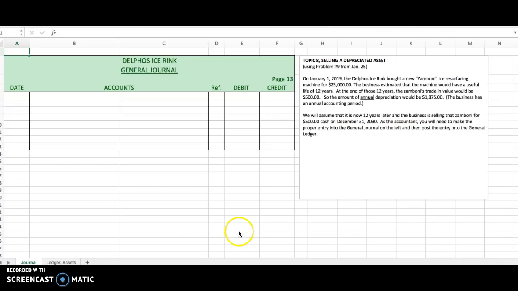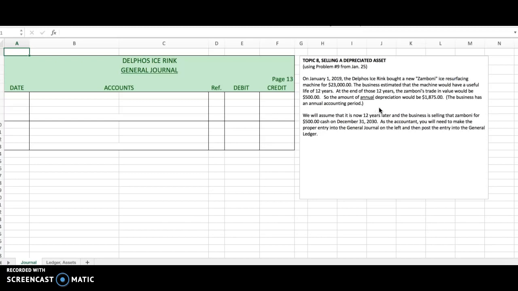On the right, information tells us that on January 1, 2019, the Delphus ice rink bought a new Zamboni ice resurfacing machine for $23,000. The business estimated that the machine would have a useful life of 12 years. At the end of those 12 years, the trade-in value would be $500.